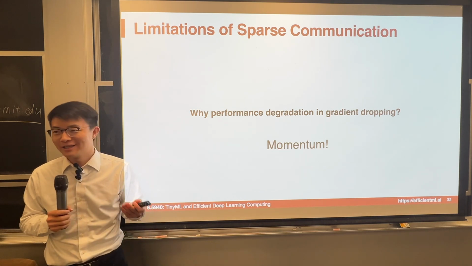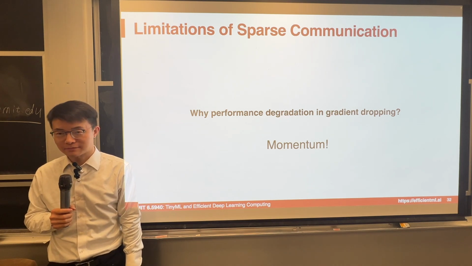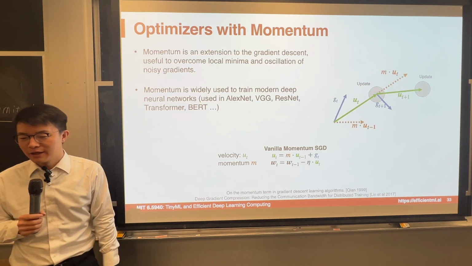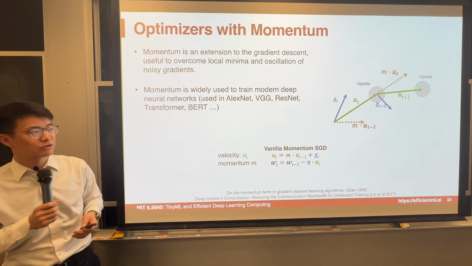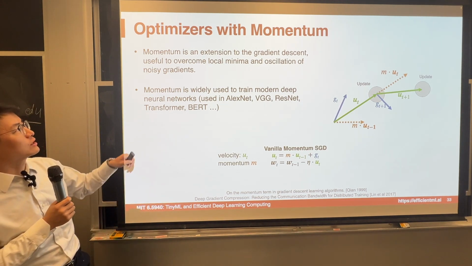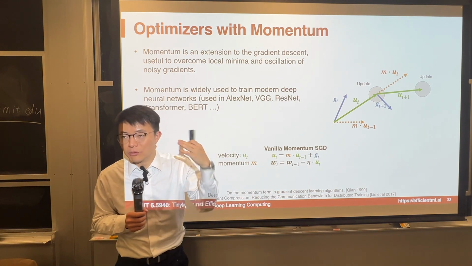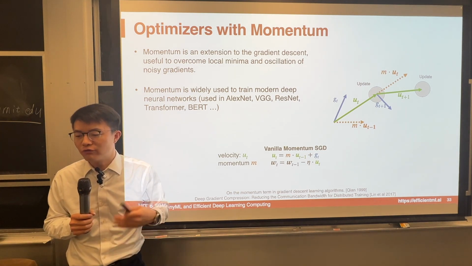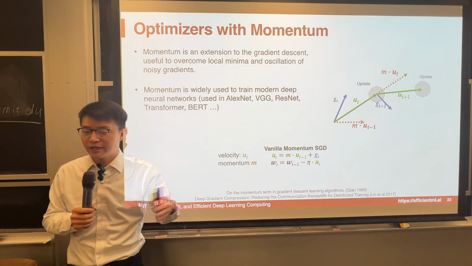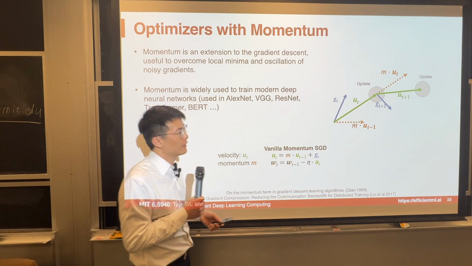Actually, we find that it's due to a concept called momentum. And what is momentum? Recall what we have learned in the machine learning class. When we are doing the update, momentum is a very widely used approach to overcome local minima or the oscillation process, trying to stabilize the training trajectory.